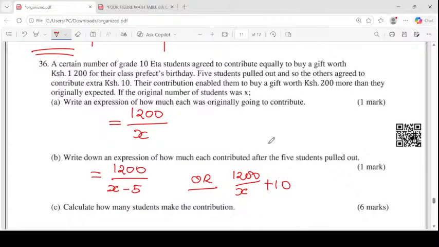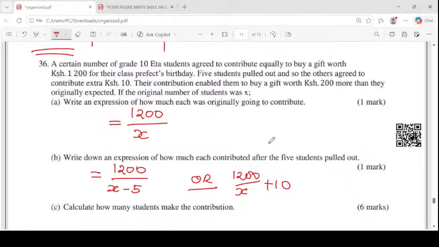So when we get here on how many students made the contribution, we have a guideline that 5 students pulled out, and so the others agreed to contribute 10 shillings extra. They bought a gift worth 200 shillings more.